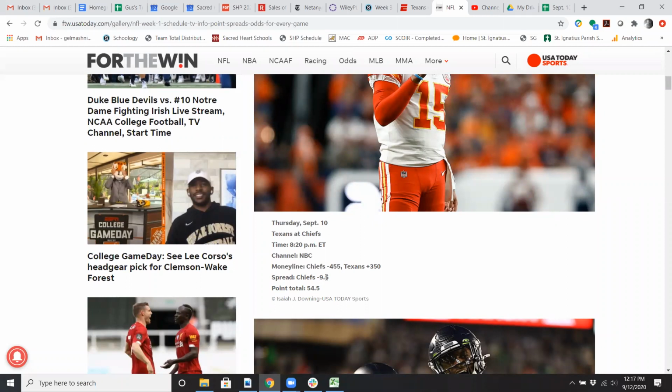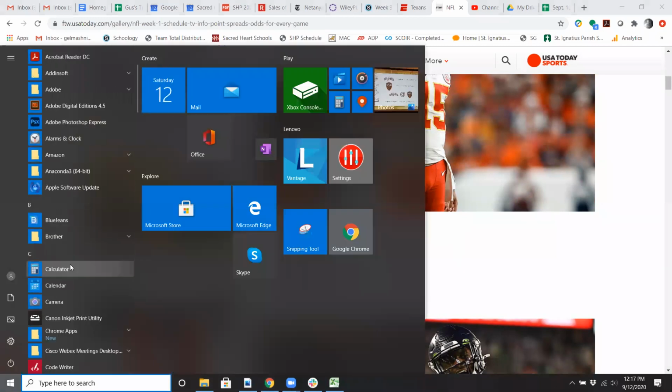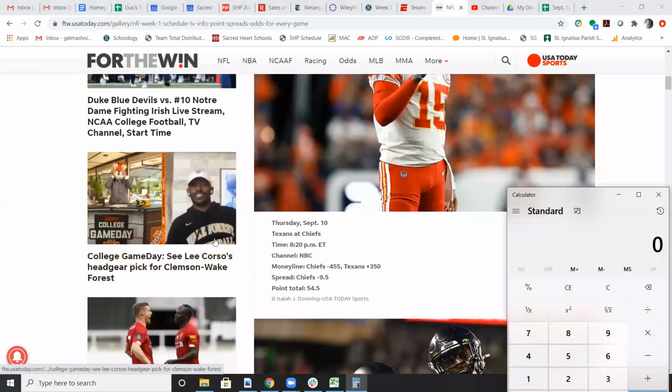So what I did was 54.5 divided by 2, which is 27.25. Then 9.5 divided by 2 added to 27.25. So they were expected to score 32 points.